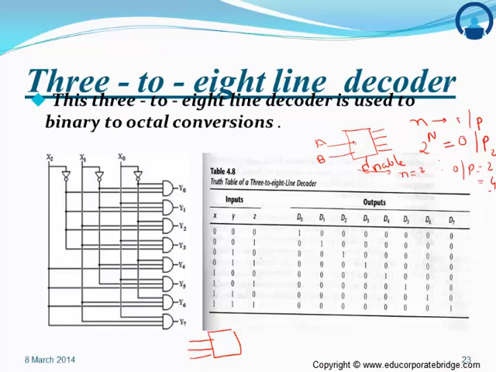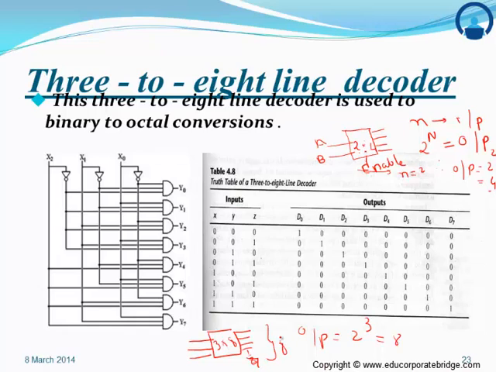The nomenclature is 2 cross 4, that is 2 inputs, 4 outputs. Similarly, this is called a 3 cross 8 decoder, that is 3 inputs, and the outputs will be 2 raised to 3, which gives 8, so the total number will be 8.